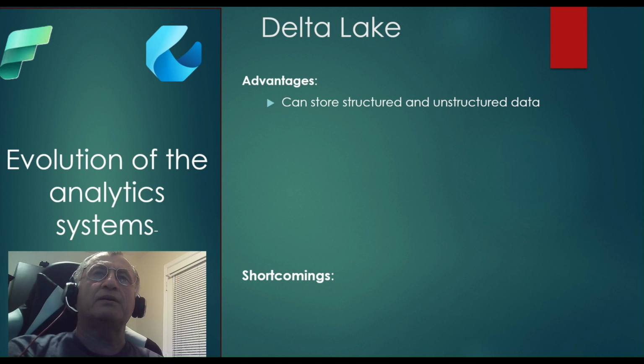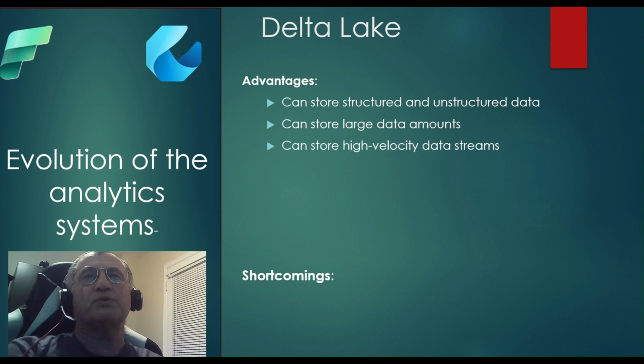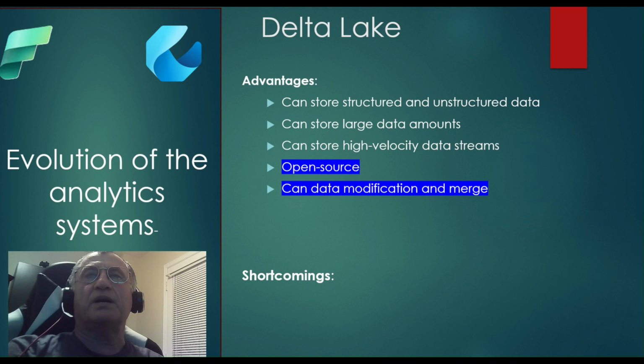The next stage in the evolution of analytic systems came with the introduction of Delta Lake. On top of the existing data lake advantages that I already mentioned, Delta Lake was also based on open source, which was a big advantage. Besides that, Delta Lake allowed you to modify the data. You could apply commands like delete, modify, and merge, which in the past you could apply only to database tables.